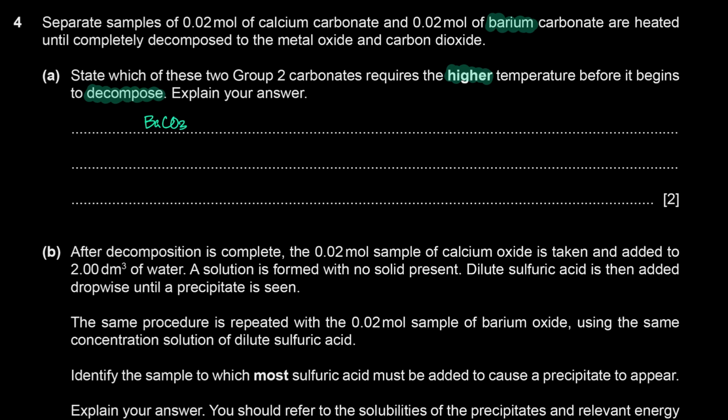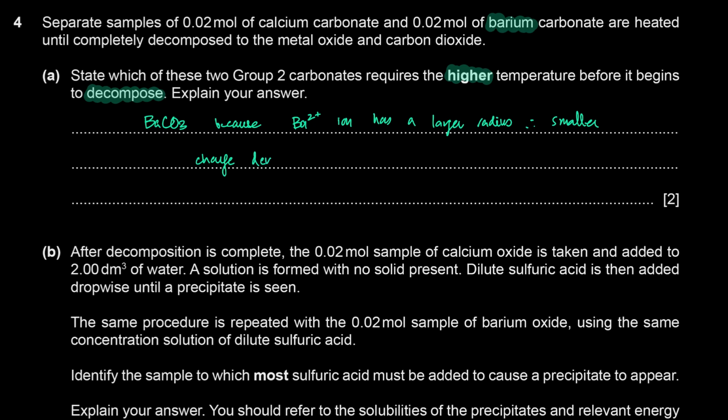And the reason why is because the barium 2 plus ion has a larger radius, and therefore a smaller charge density. So it won't distort the anion as much.